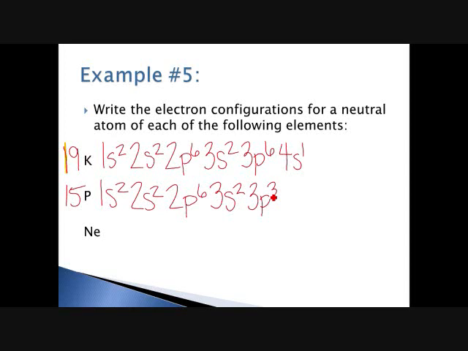Okay? So for neon, how many electrons does neon have? 10. And so this one's even going to be shorter than what we had before. So we'll start up at 1s2, 2s2, and 2p6 gets us our 10 electrons for neon, so that's where that one ends.